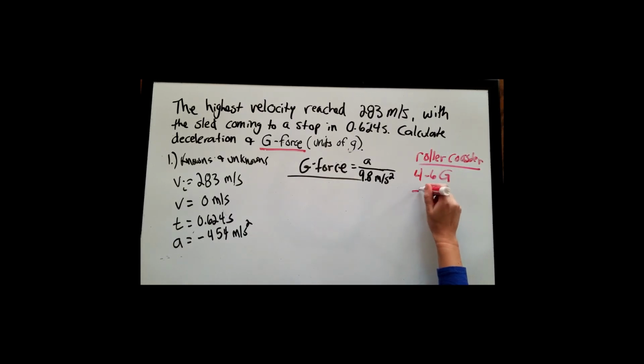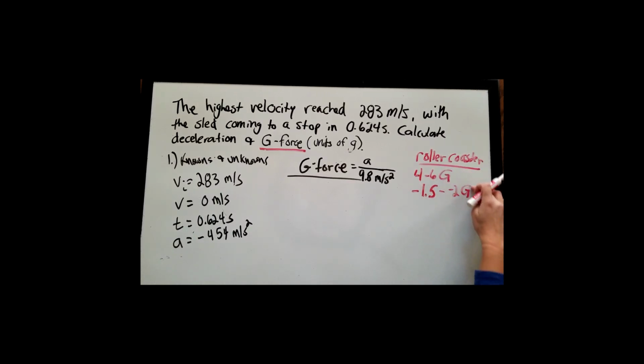They try to stay in the range of 1.5 to 2 G's for deceleration. Notice, since there's a negative number in front of these, this would be deceleration, and a positive number would be acceleration. So these are the ranges that roller coasters like to stay in.